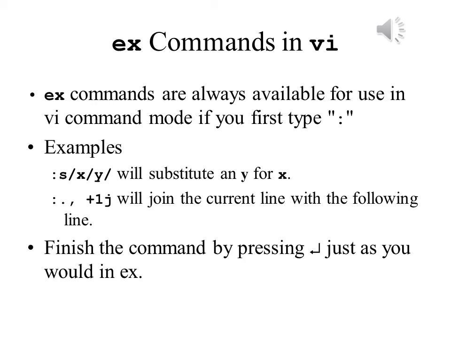Now I can also do things regarding particular lines. So colon dot comma plus 1 dot J looks to merge two lines together. The current line. The plus 1 afterwards means that the 1 is relative to your current line, and it'll take the current line and the 1 after it and merge it together.